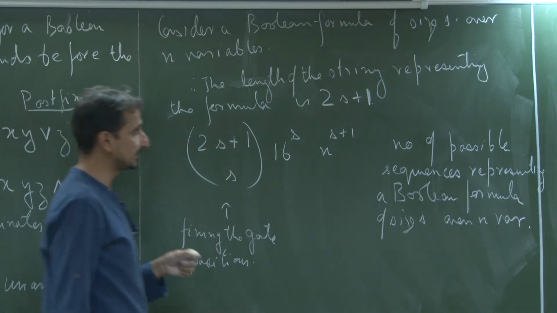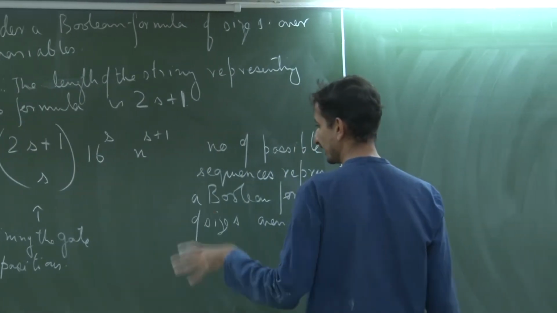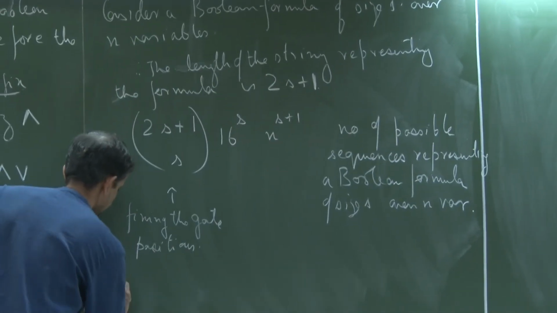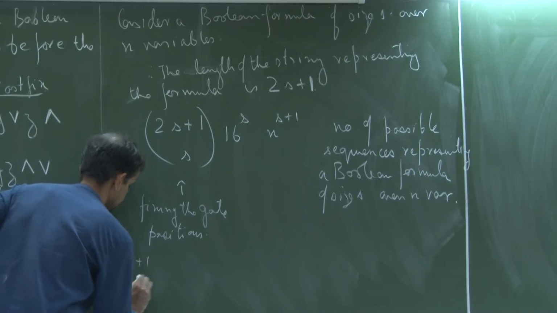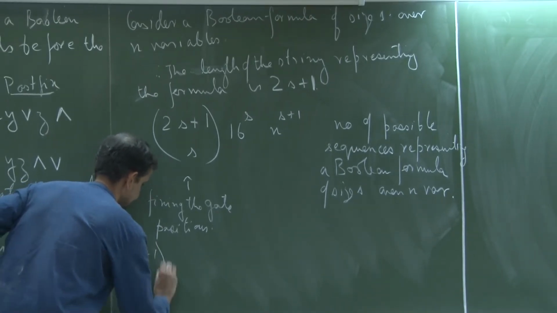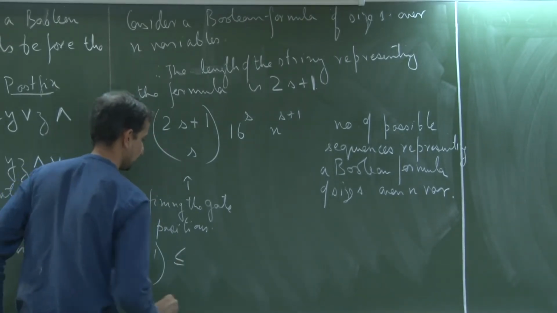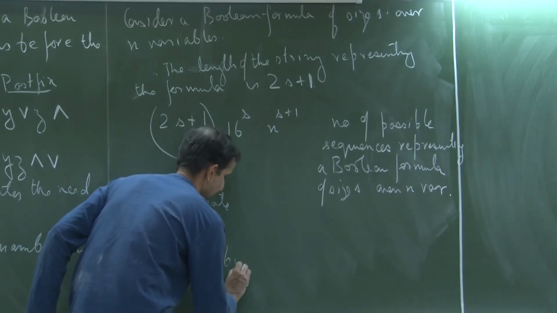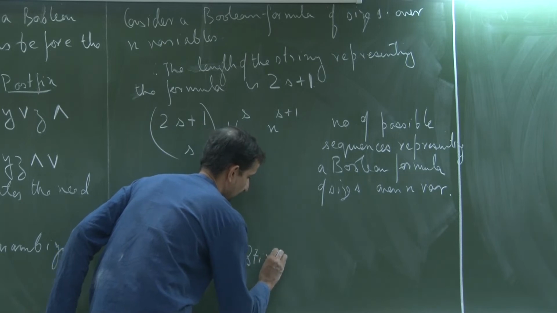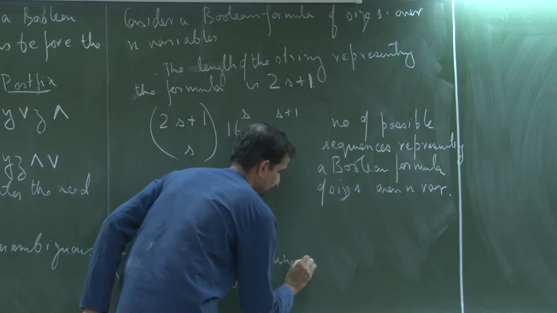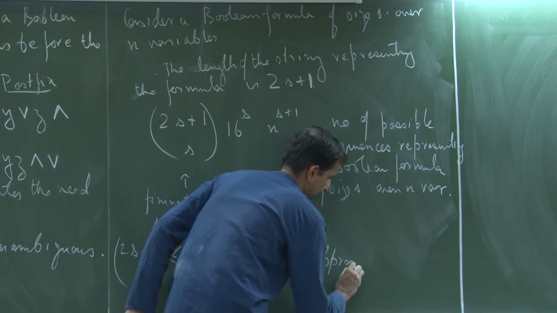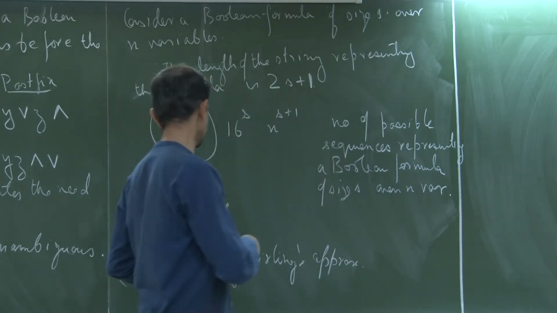So, we use Stirling's approximation over here and we can simplify this: 2s plus 1 choose s is upper bounded by 4 to the power s by Stirling's approximation.